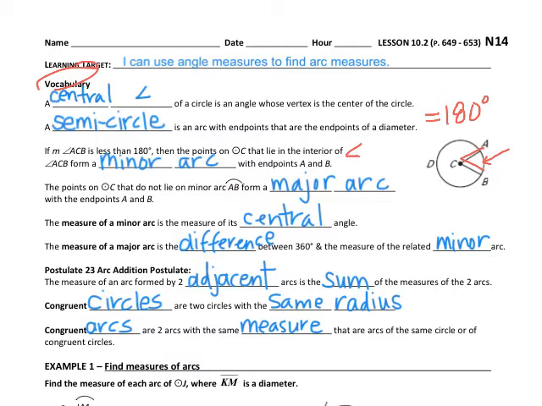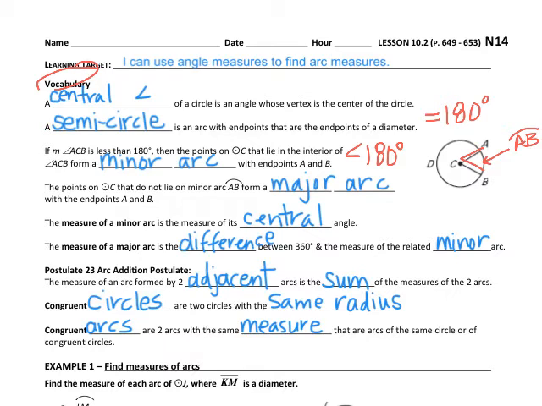Let's put a little reminder here: a minor arc is less than 180. When we're talking about a minor arc, remember that we call that arc AB, and it's just two capital letters with the little arc over top of it that makes the notation for arc AB.